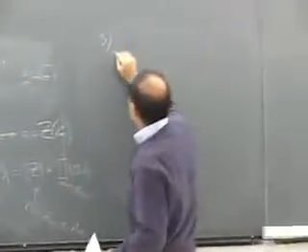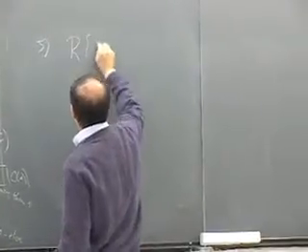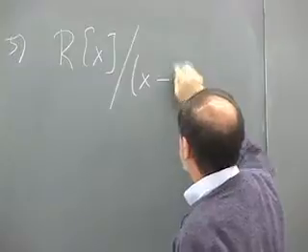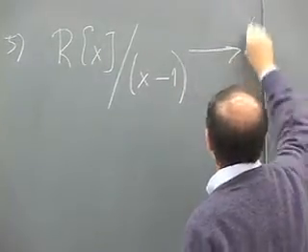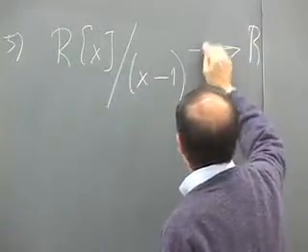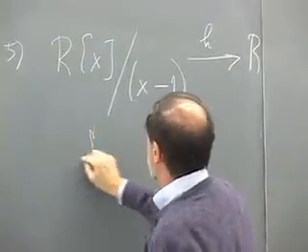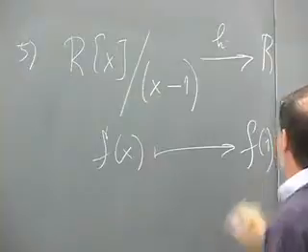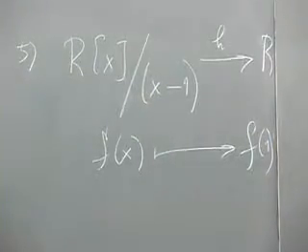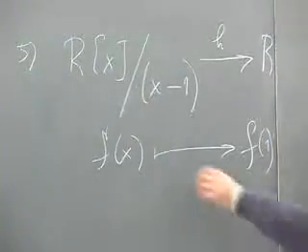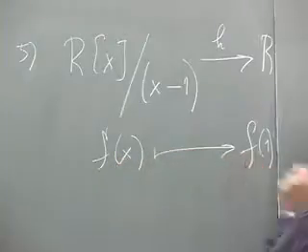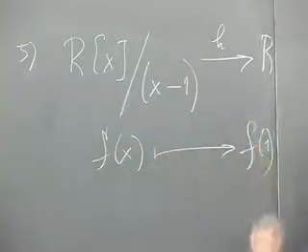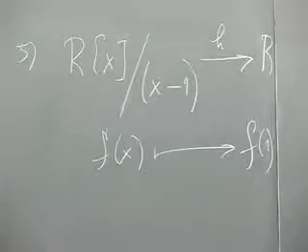But for 5, if you have R[x], and you want to give a surjective homomorphism between this and R, you take a polynomial f of x, and you take it to the value of the polynomial at 1. That is a ring homomorphism, because if you add two polynomials, you add their values at 1. And if you multiply two polynomials and evaluate at 1, you multiply the values at 1. So that's a ring homomorphism.